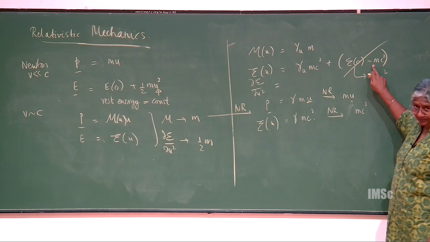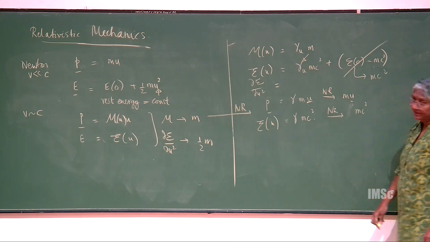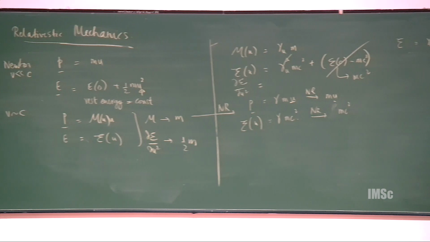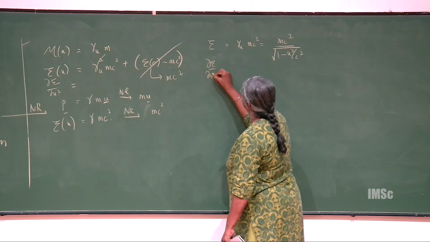Where is the u dependence? So what is dE by du squared? Can anyone tell me? Quickly, do it in your notebooks. So E is equal to gamma u mc squared, which is mc squared by root of 1 minus u squared by c squared. So someone tell me what is dE by du squared?